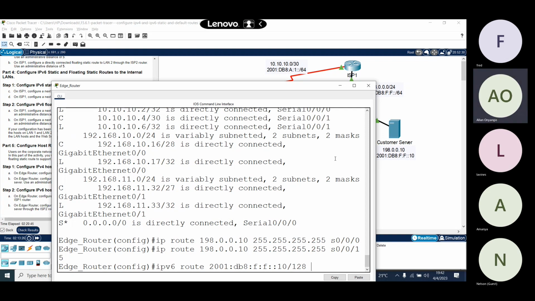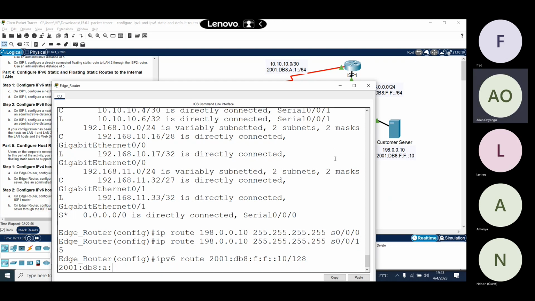And it should be through the next hop, which is 2001:DB8:A:1::1. We don't put any /64 here, by the way. It should be ::1 as we had seen.